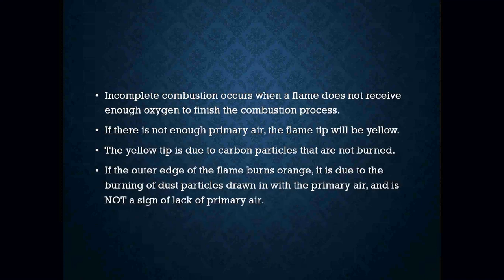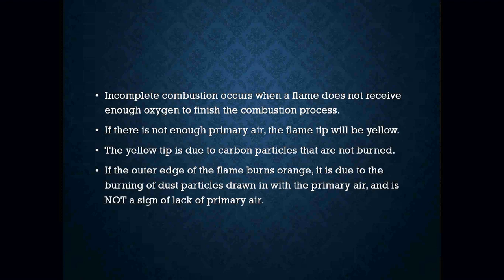Incomplete combustion occurs when a flame does not receive enough oxygen to finish the combustion process. If there is not enough primary air, the flame will have yellow tips. The yellow tips are due to carbon particles that are not being burned.